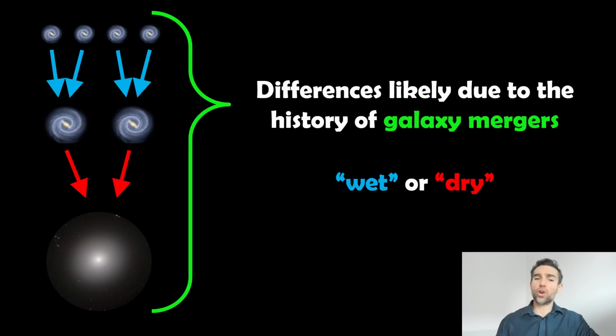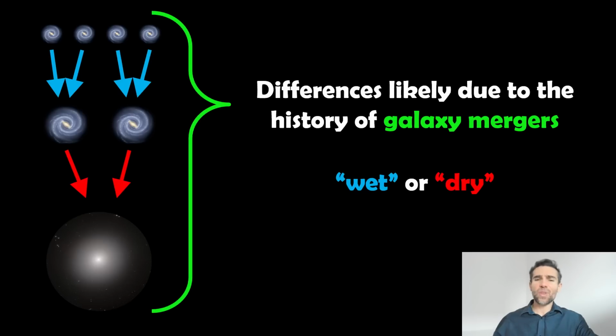Well, part of it could be related to their merger history. So here we've got a galaxy merger tree, which I've done a separate video on, and it could be related to wet or dry mergers, with one of those producing a cored and the other a coreless galaxy. That's because in a wet merger, you have two galaxies that have high gas content in them. Why is it classified as wet?